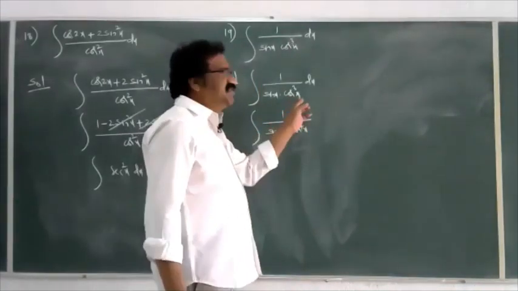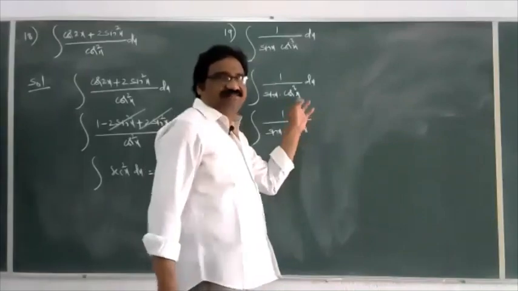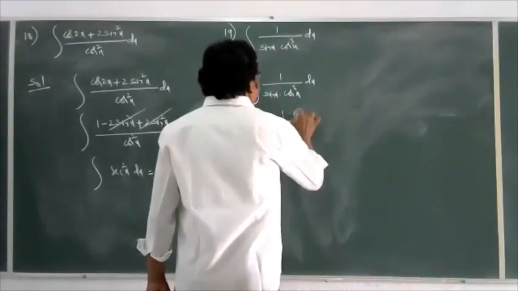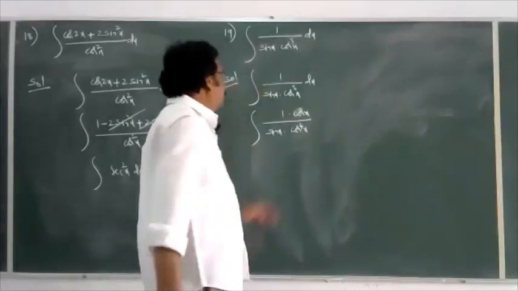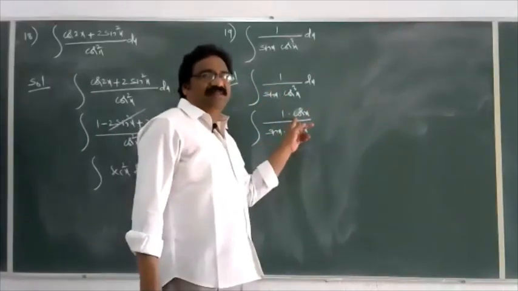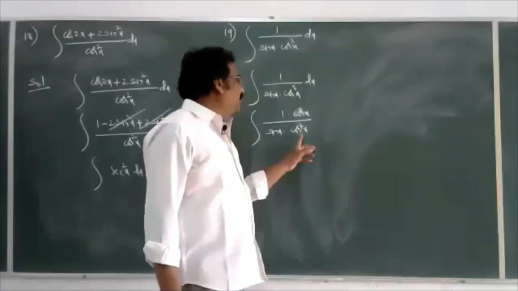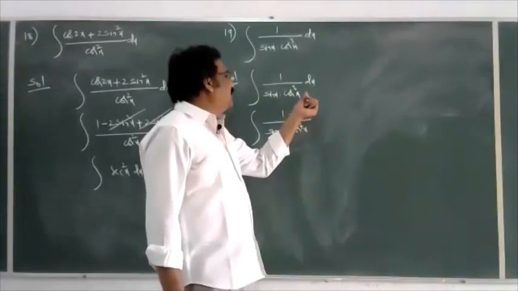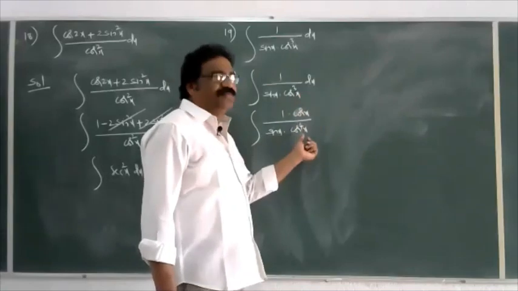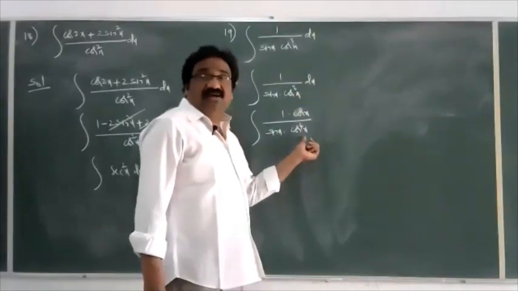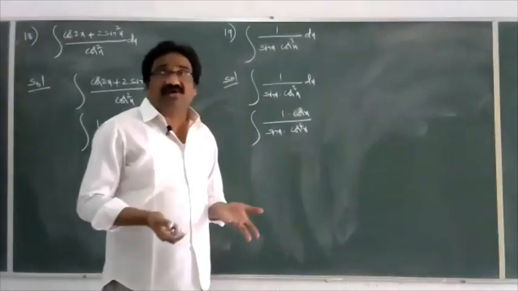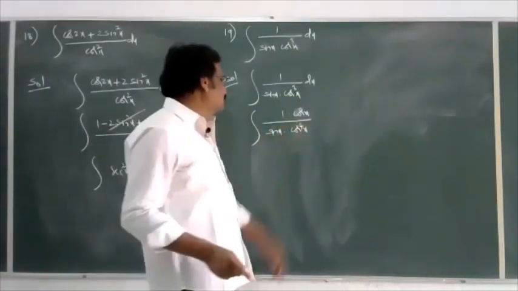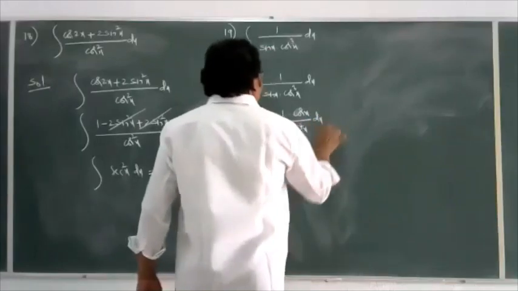I am multiplying cos x with the cos cube x in the denominator, and in the numerator also multiplying with cos x. So in the denominator, cos cube x multiplied with cos x gives cos to the power of 4 x, and in the numerator you get cos x dx.